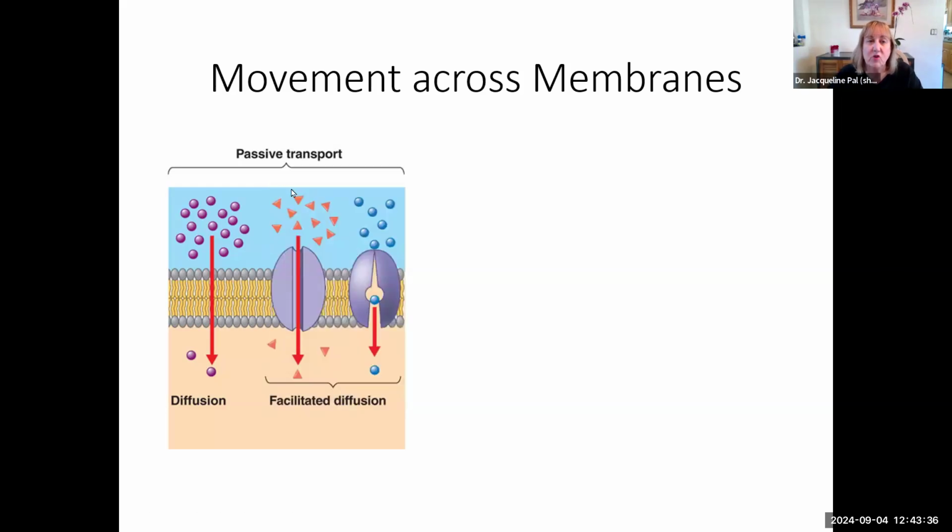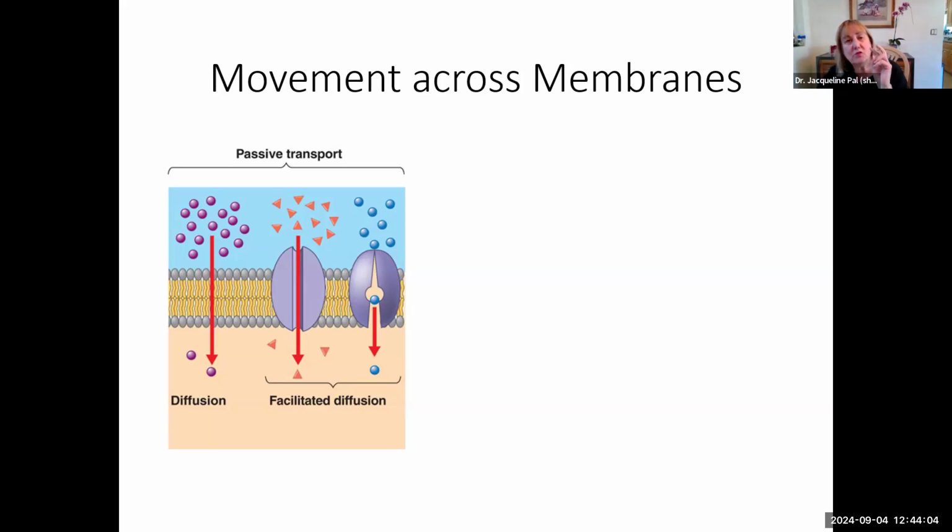Another type of passive transport would be one where, for instance, we need a carrier protein or a channel protein, as seen in these drawings. We're still going from higher concentration to lower concentration, but these carriers or channels are facilitating the diffusion. So this type of passive transport is known as facilitated diffusion.